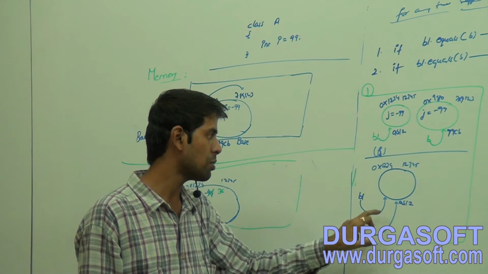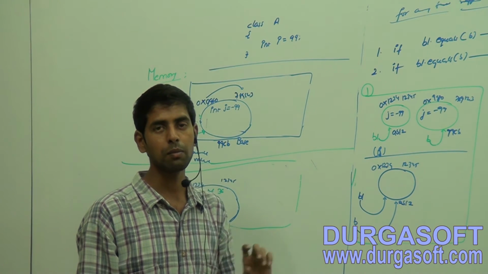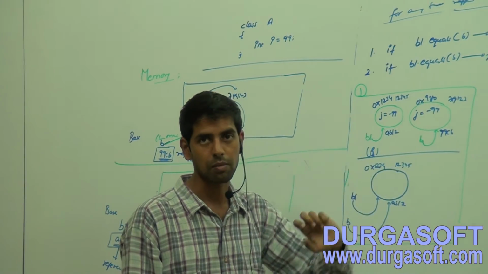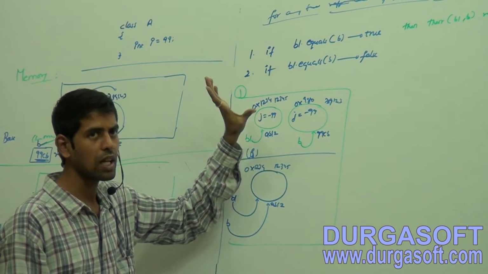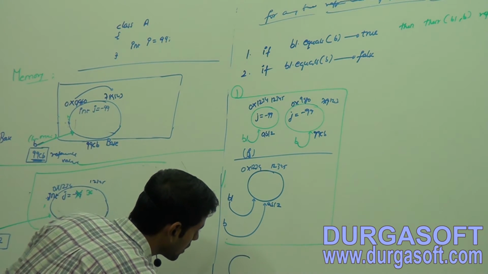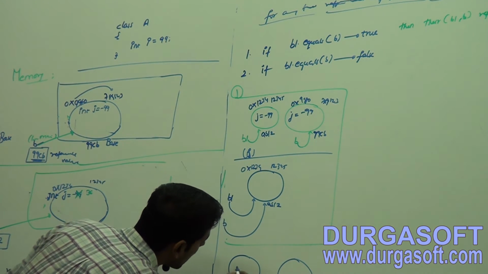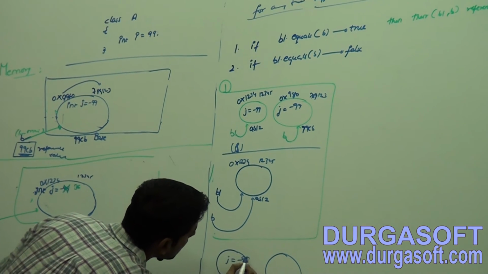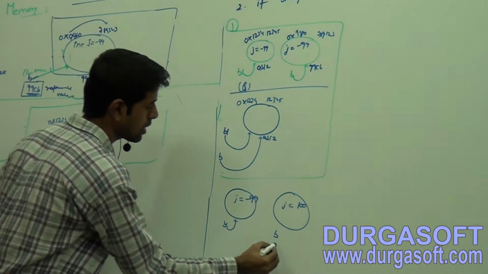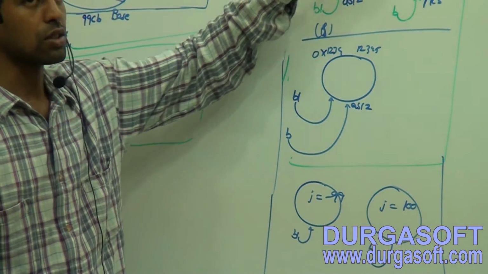It is impossible if both references are referring to the same object, because you cannot get false from the equals method. So definitely it is the only one scenario: b1 has j variable value as -99, and b has j variable value as 100. This is the only scenario for the second situation.